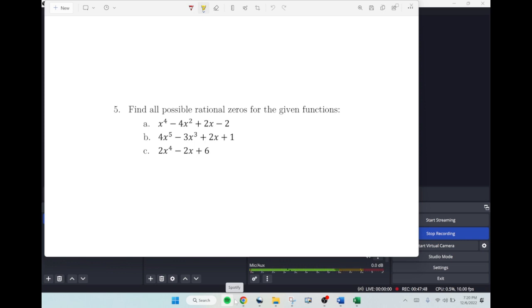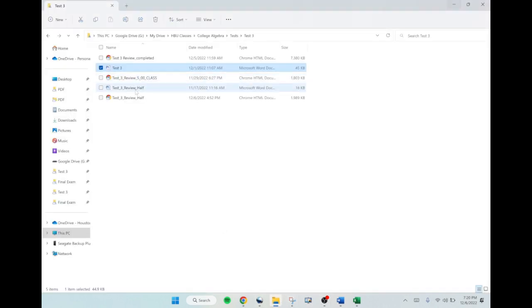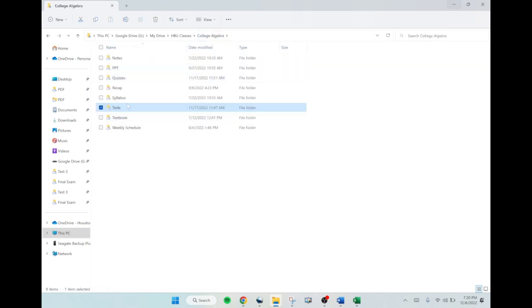Enter. Google first link. It'll be there. It's based on the time of each class. All right, let's see if this works now. Wait, what are we doing? Test 3 review? No. Thank you.